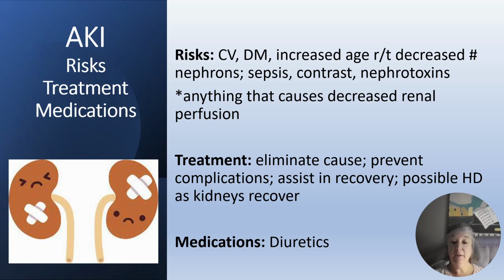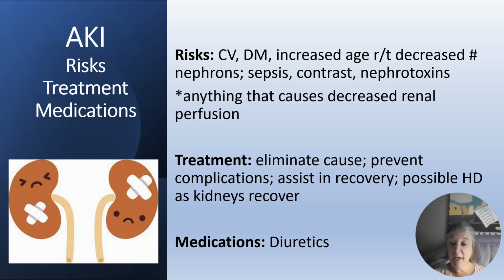So AKI risks is anything that causes decreased renal perfusion, right? So anything that causes the vascular system to constrict, okay? And then CV, diabetes, increased age related to decreased number of nephrons.